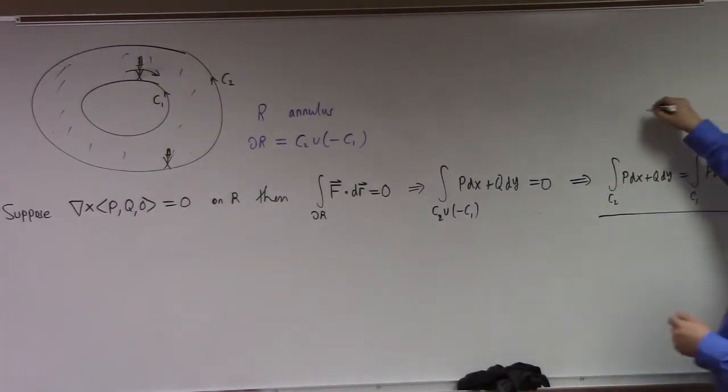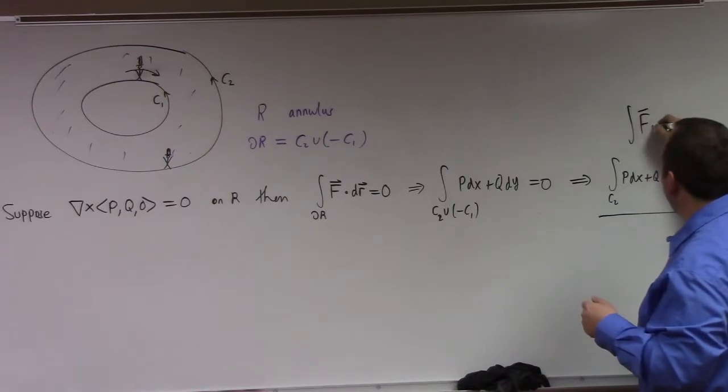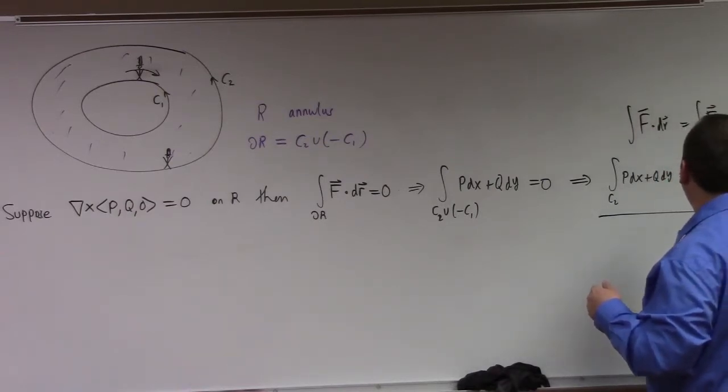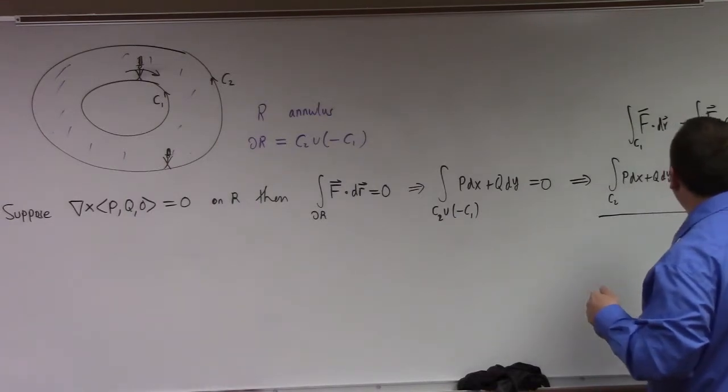Or if you like the other notation, the integral of f dot dr is equal to the integral of f dot dr for the first curve versus the second curve.